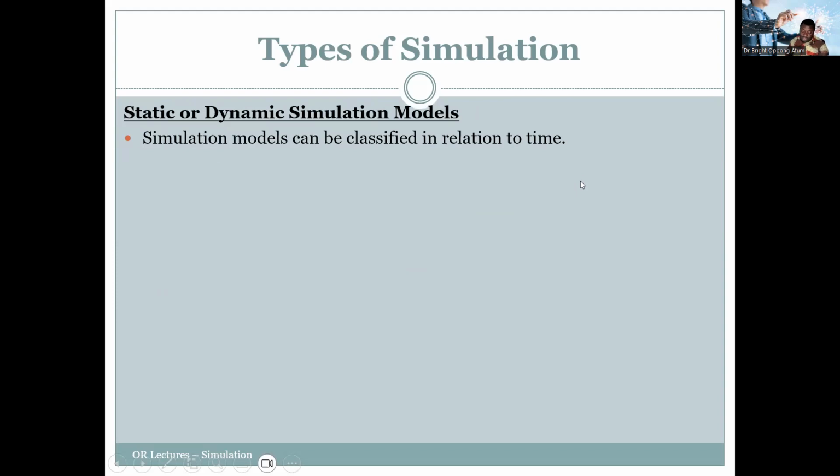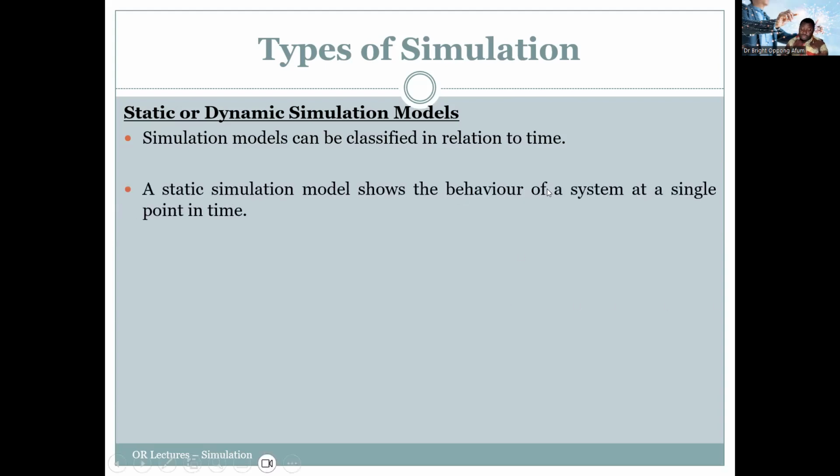Then we have the static or the dynamic simulation. So when we talk of the static, we are referring to time. Dynamic, static, they all relate to time. So if you model something and you relate it with time, and the system is at a single point, right?